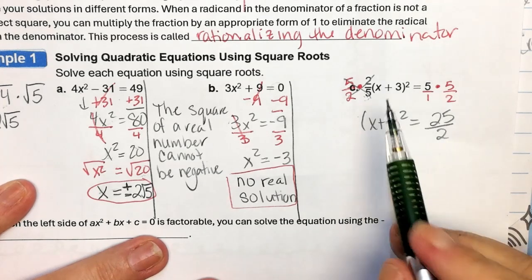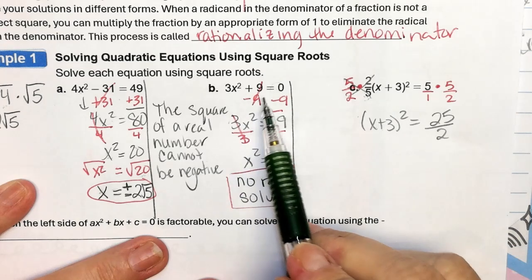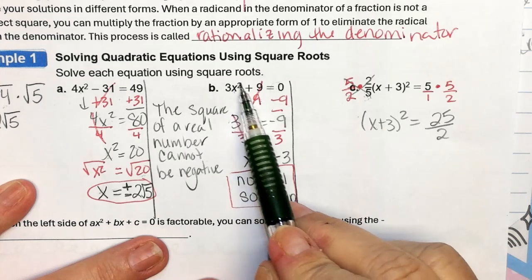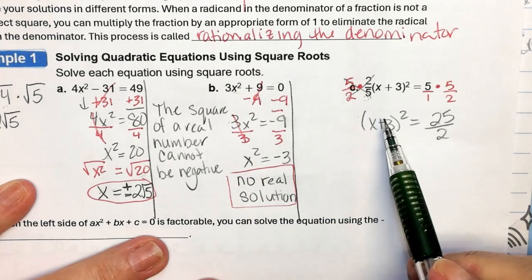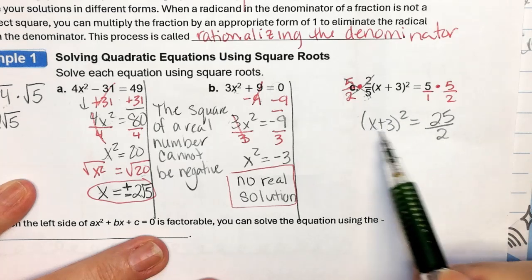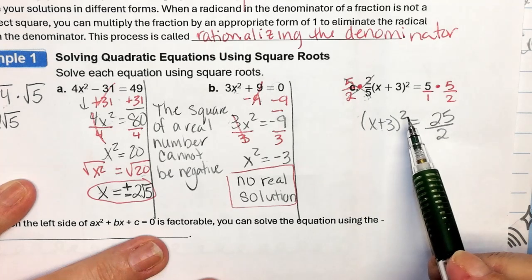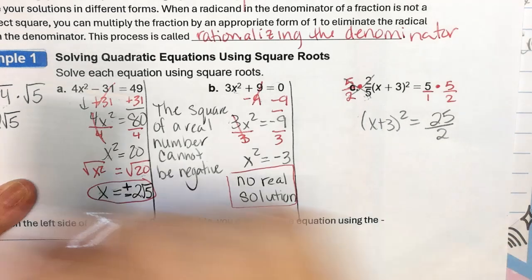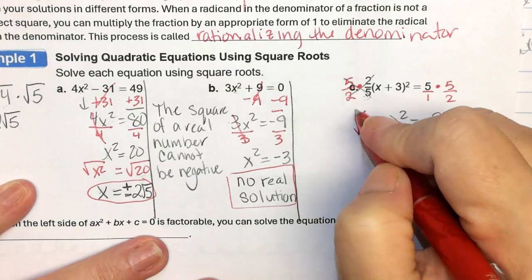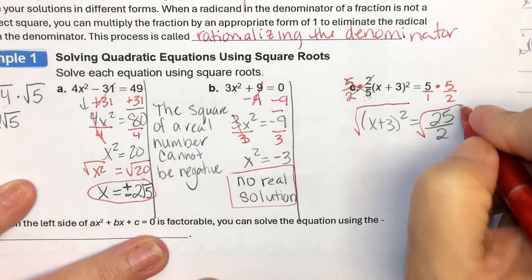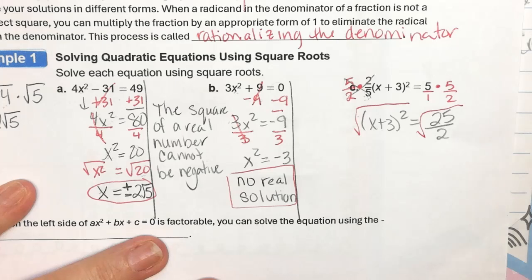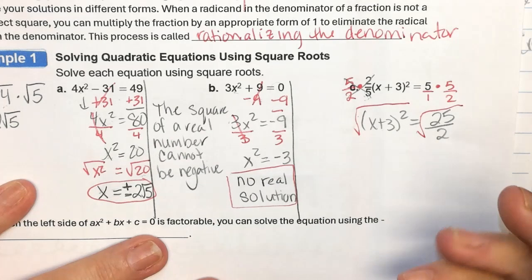That's all it means. All right, so now before we added, but notice here the square was only attached to the x, and this one the square is attached to the parentheses. So that means we have to find the square root of the entire thing. So we're going to take the square root of this side, we're going to take the square root of that side. Now remember, we could have a positive or a negative option.